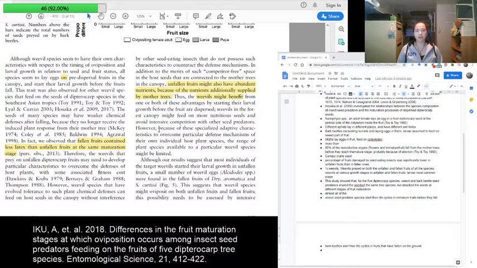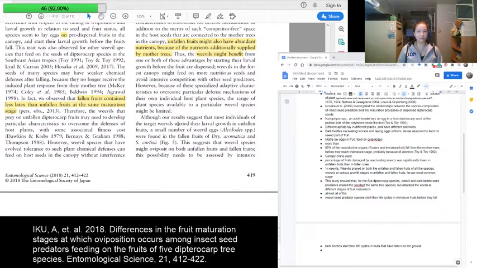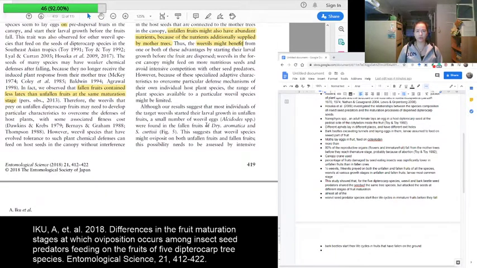However, because of these specialised adaptive characteristics to overcome particular defence mechanisms of their own individual host plant species, the range of plant species available to a particular weevil species might be limited. Although our results suggest that most individuals of target weevils started their larval growth in unfallen fruits, a small number of eggs were found in the fallen fruits.